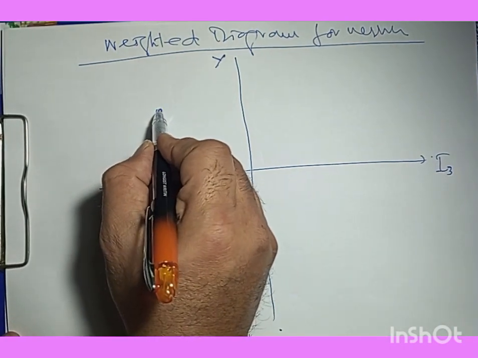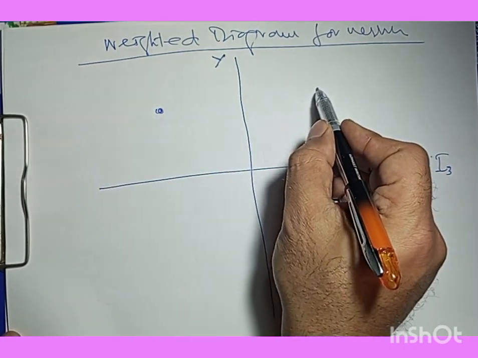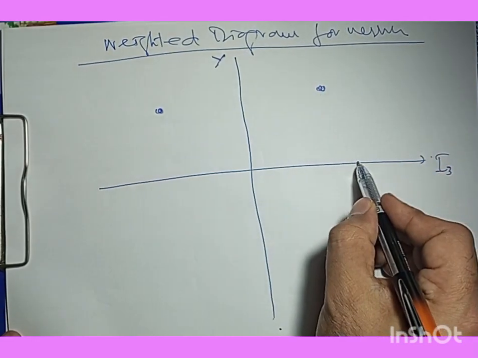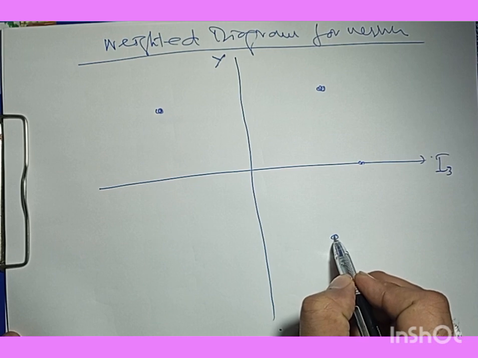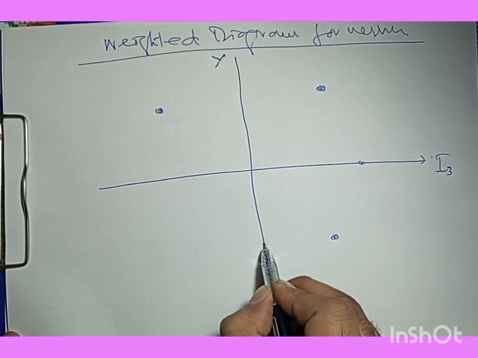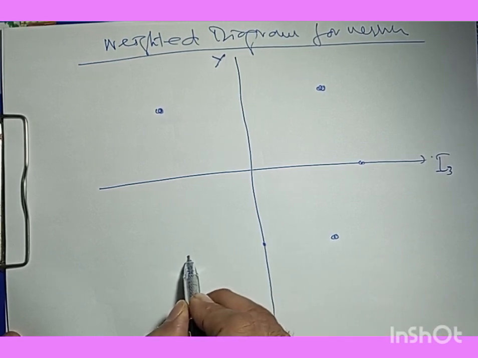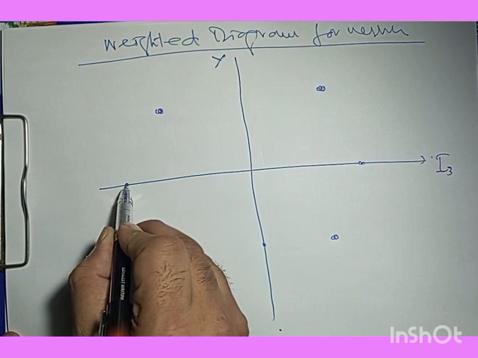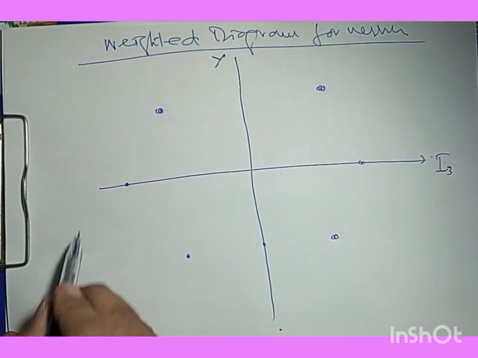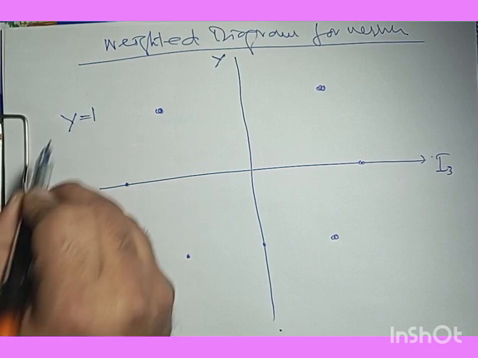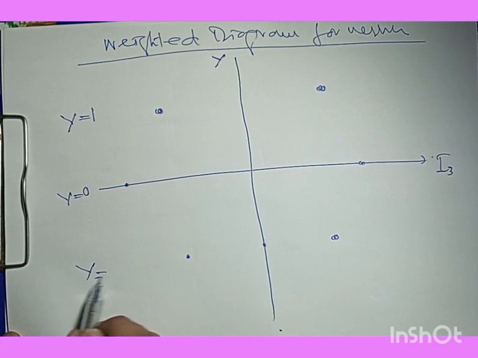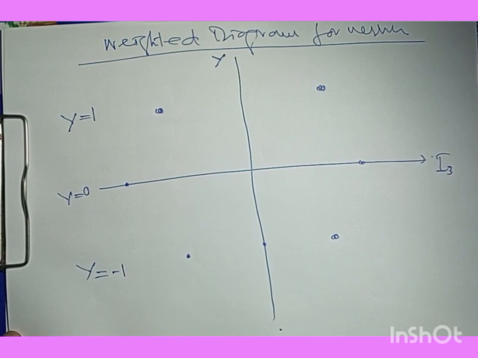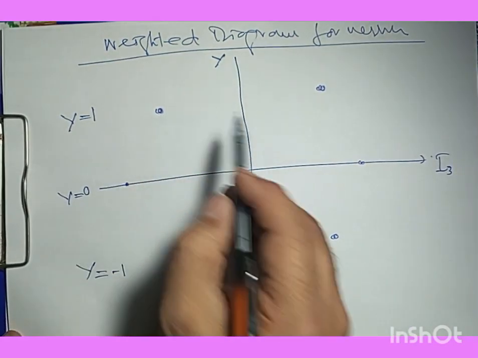Here I have a particle, here a particle, and so on, seven in all. This row is for Y equal to 1, this is for Y equal to 0, and this is for Y equal to minus 1. Let me join them.